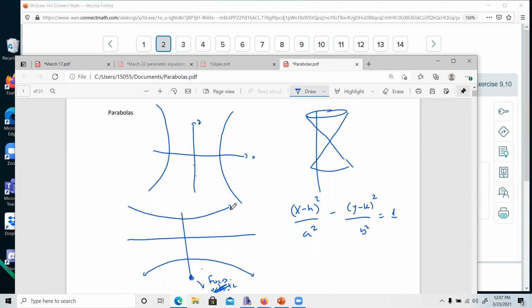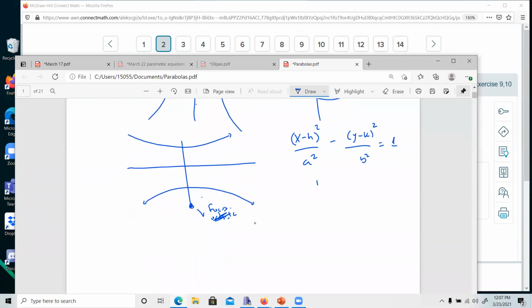So the center is still (h, k). Or you could have it as y minus k squared over b squared minus x minus h squared over a squared is equal to 1. Now, it doesn't really matter; a and b tell you the shape of this thing, but it doesn't really matter which one is positive or negative.